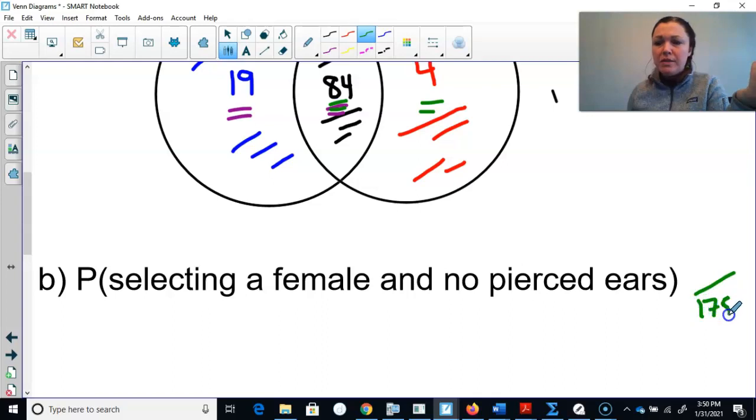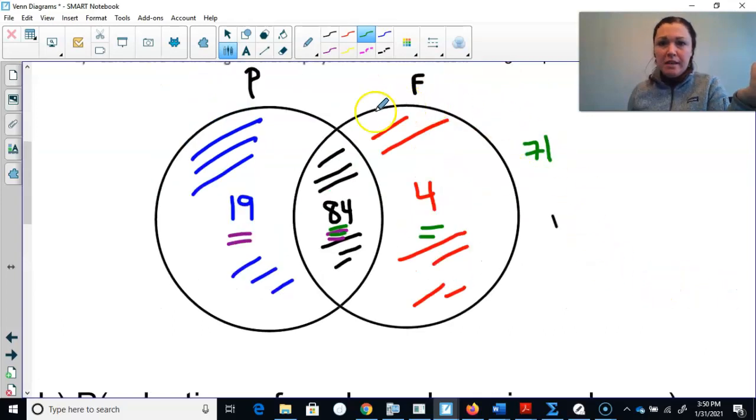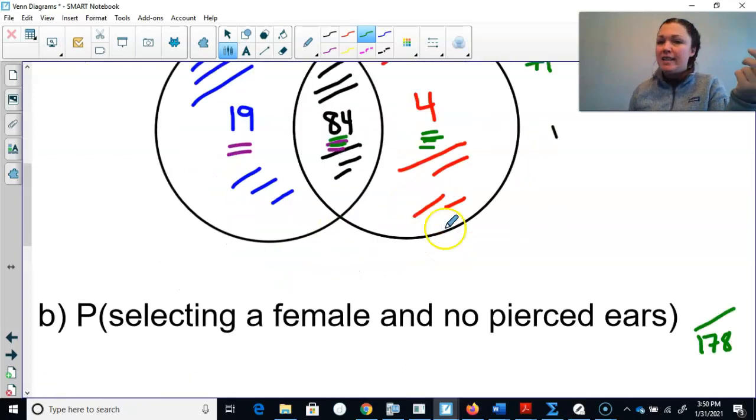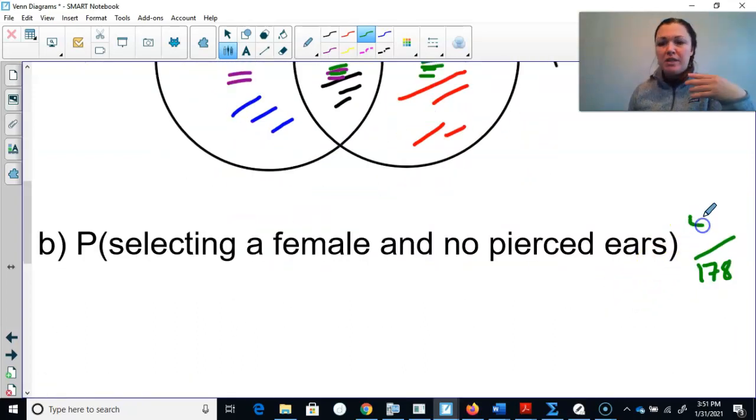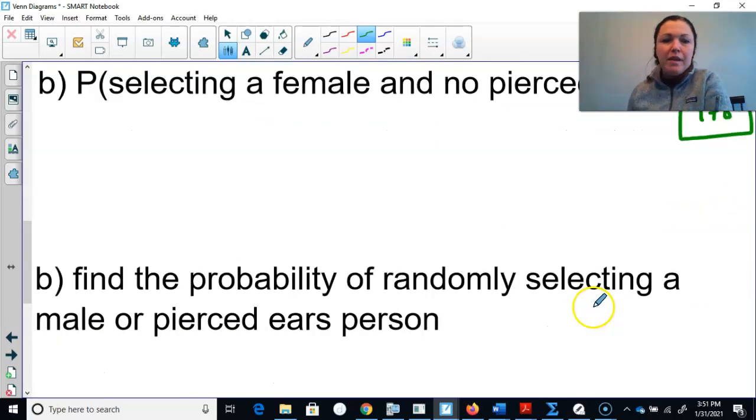So the females who did not have pierced ears: here's everyone who identified as a female. These people here identified as being female and having pierced ears. This 4 right here, they identified as being female with no pierced ears. So there's my probability right there.